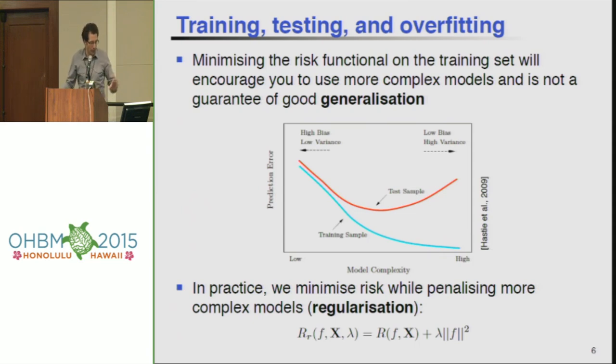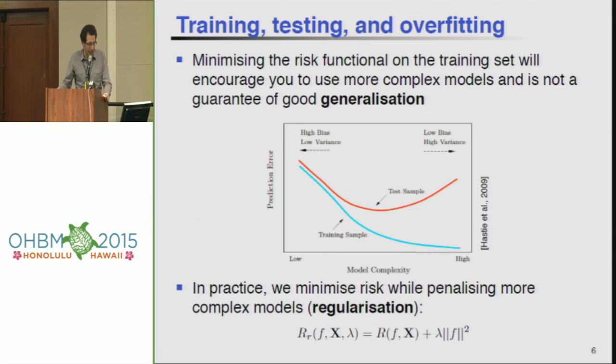Okay, and so this tells us that we need some way of guarding against this overfitting, and the way to do that in machine learning is shown here at the bottom, and this is called regularization. So basically, it's saying that you should not just look at the risk and minimize the risk, but you should also look at the complexity of the model. So here I have this two-term expression.